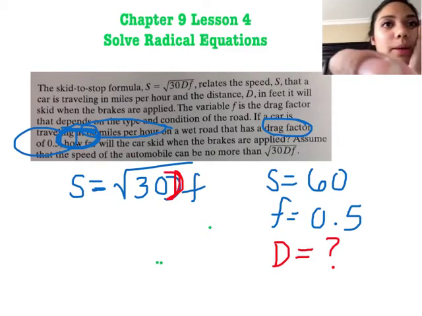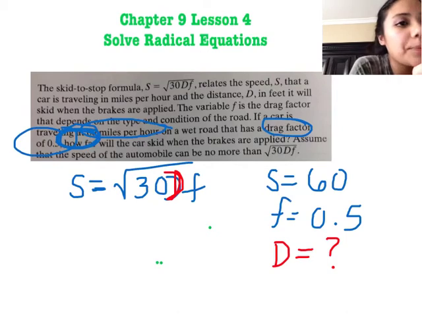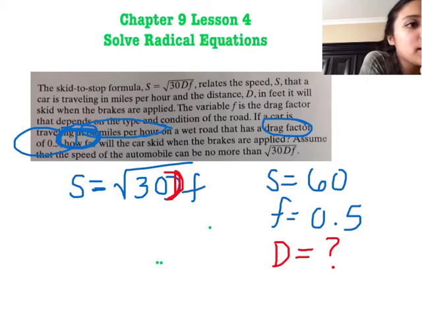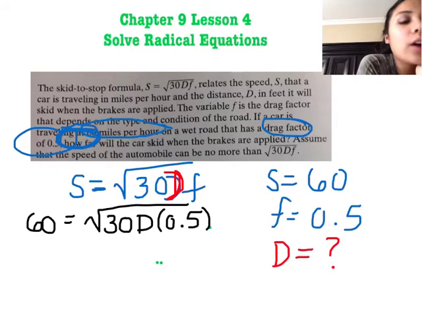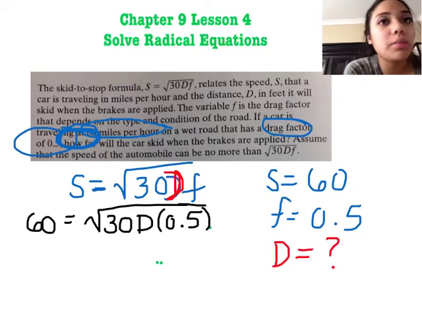So if I want to get D by itself, I plug in everything I know first. So I know that my speed is 60 equals the square root of 30 times D times my drag factor, which is 5/10. And now all I do is simplify.